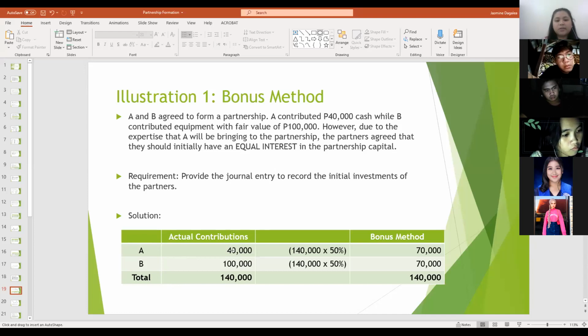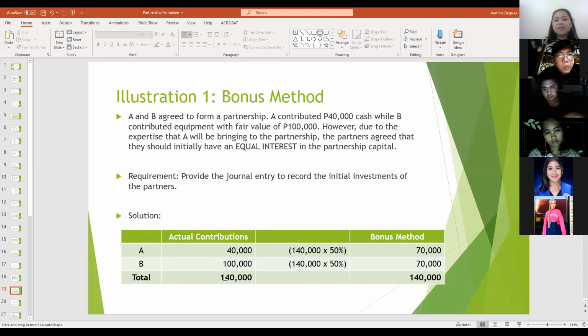A, 40,000 yung contribution, actual contribution. Si B, 100,000 yung actual contribution. So yung total contribution is 140,000. So sinabi na 50% sila each.